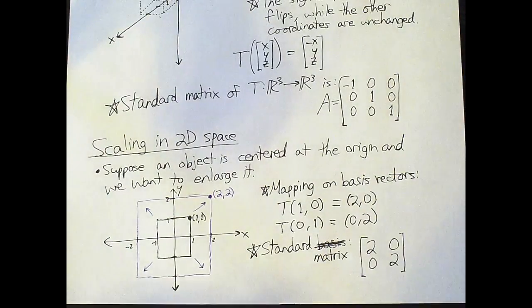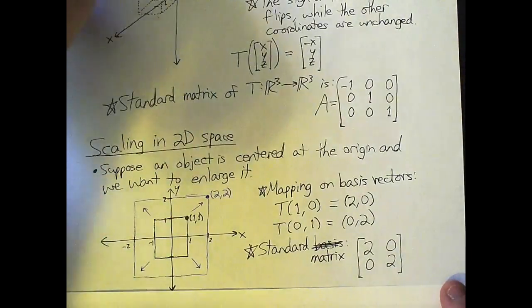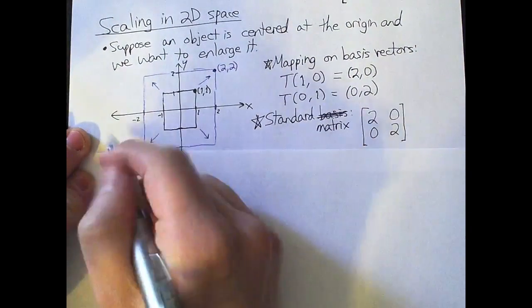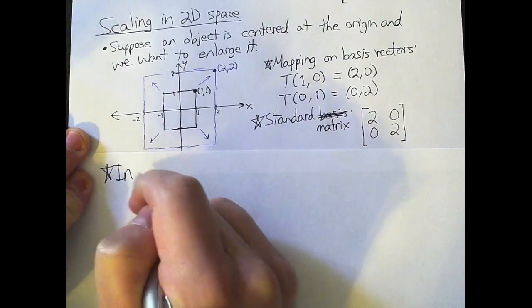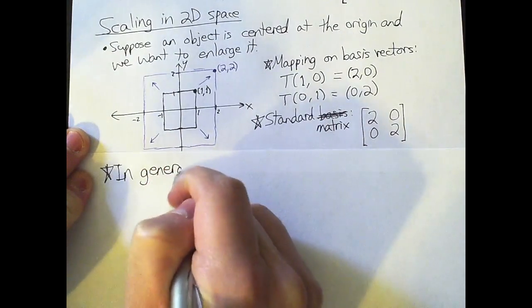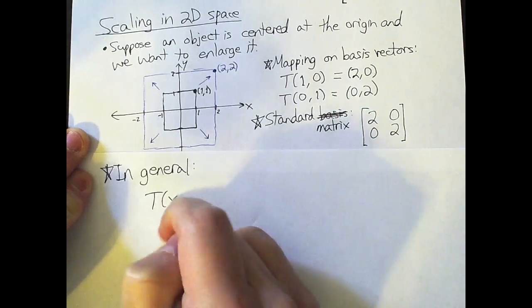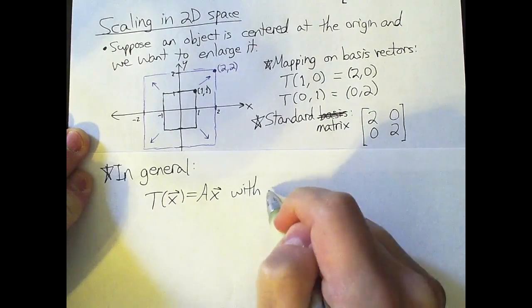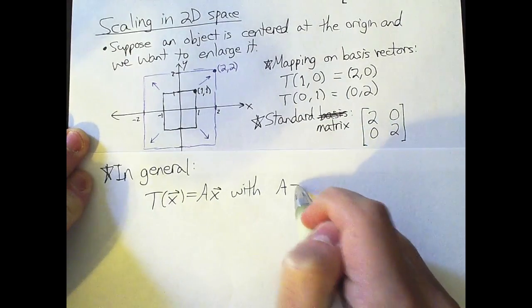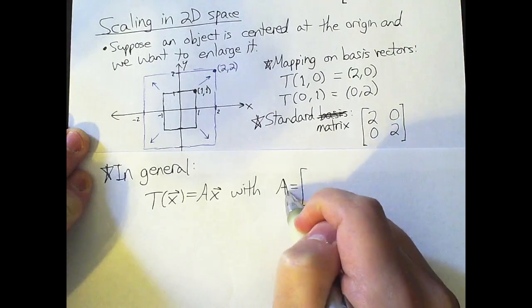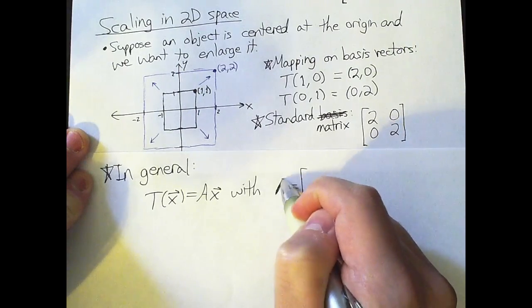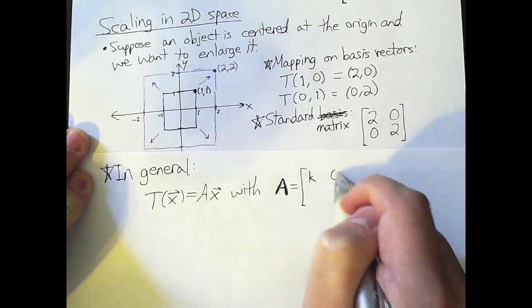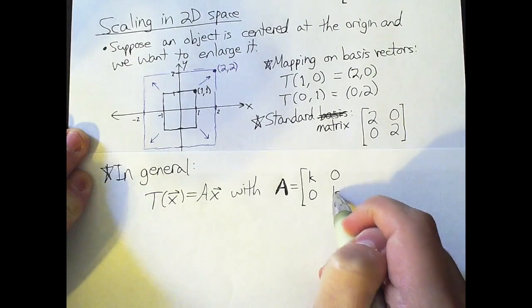All right, so we were enlarging by a factor of 2, and we wound up with some 2's in there. So let's just say, more generally, T of x equals Ax, with A equals, let's say we want to scale by some other amount. It wouldn't just be a 2, right? We could call this k, 0, 0, k. How about that?